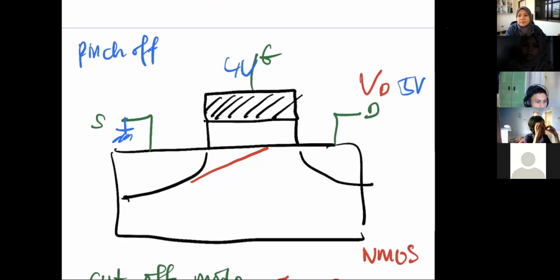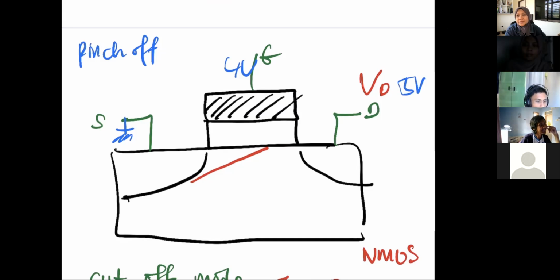Madam. Yeah. Because there is what they call voltage drop between the VDS and the VGS. Faham ke Haris? Muhaimin punya jawapan? Ya, tak.